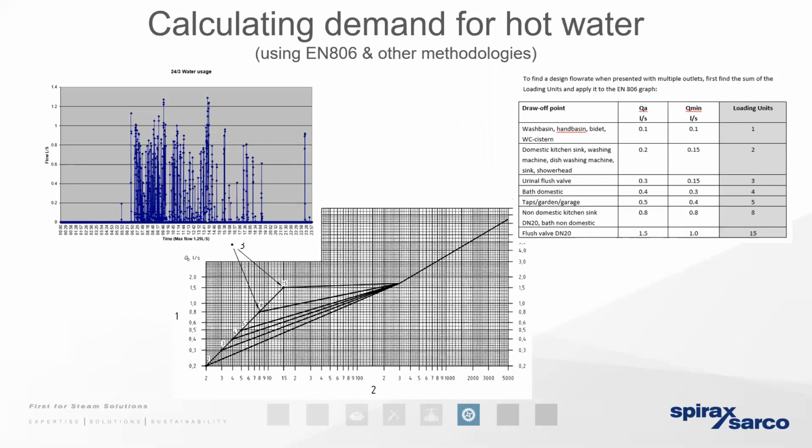But the problem we have is that if we've got a client, whether it be a hospital or any other process, calculating a new heat exchanger requirement, then we're in danger of oversizing the heat exchanger. So there could be a little bit of inaccuracy and inefficiency there. But this is the best methodology that we have, really.